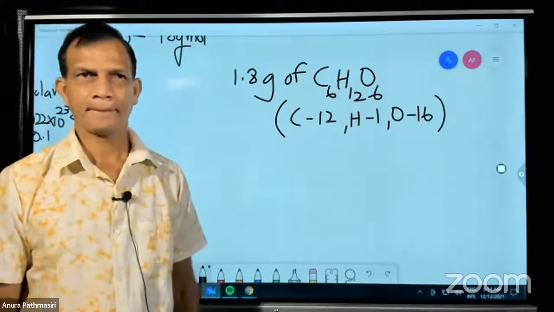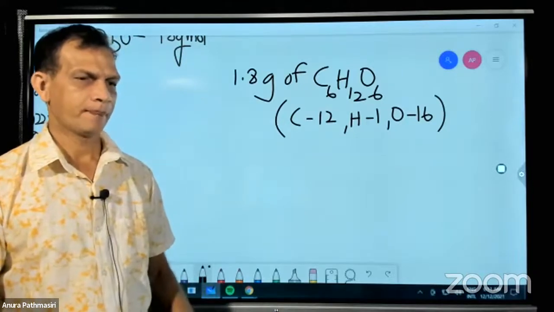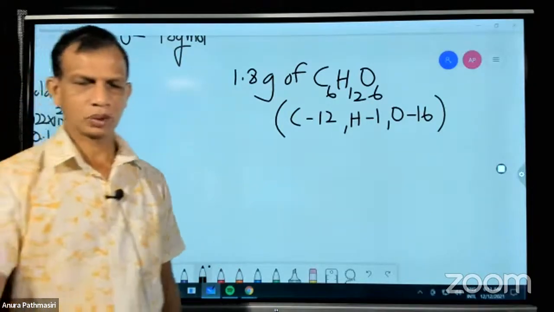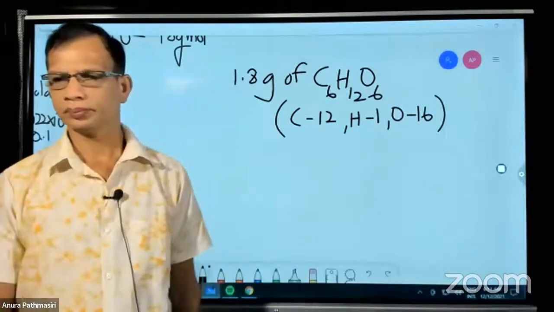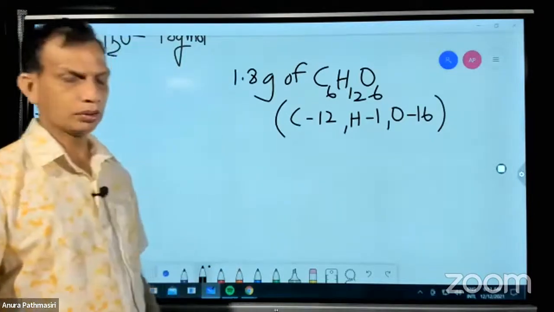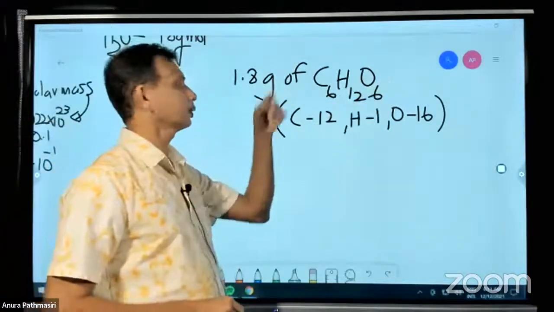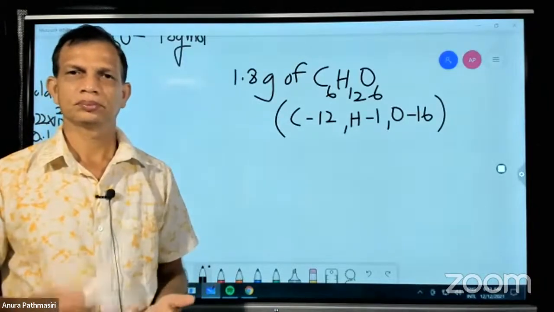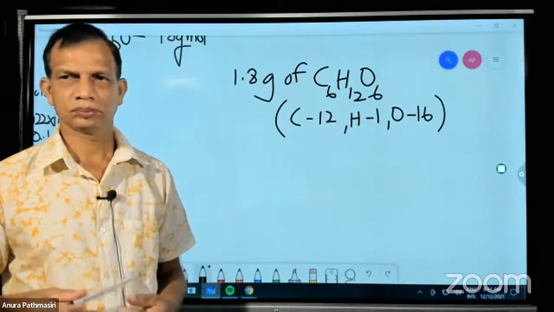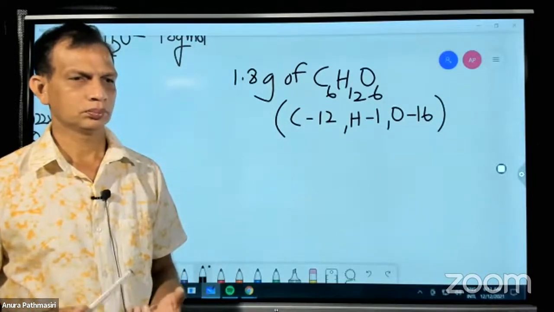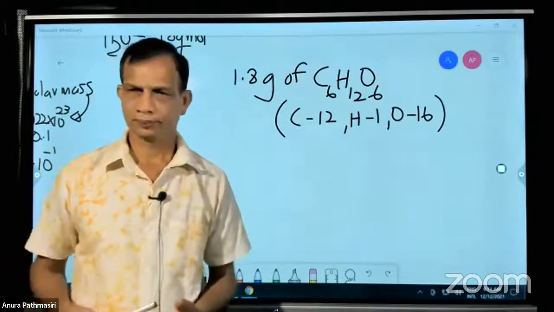Calculate the number of glucose molecules available in 1.8 gram. Find it.